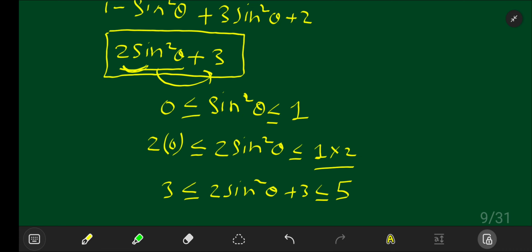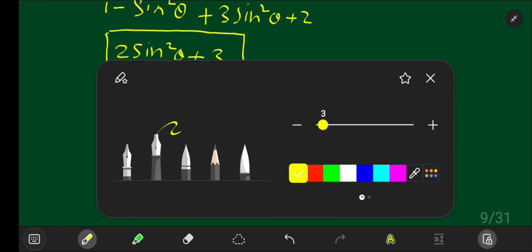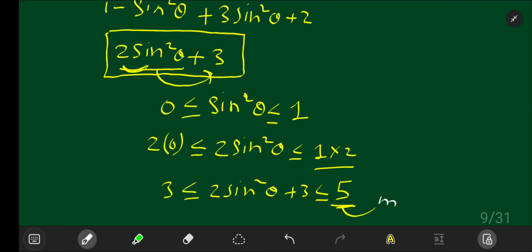So 5 is the maximum value and 3 is the minimum value.